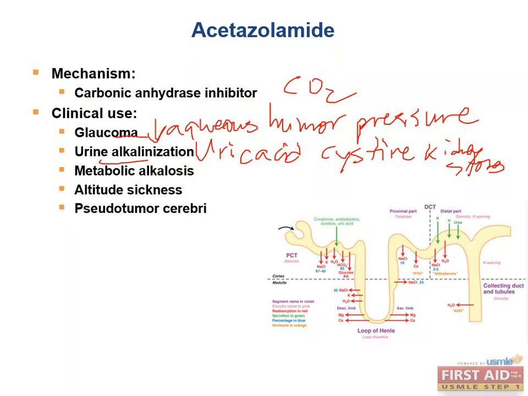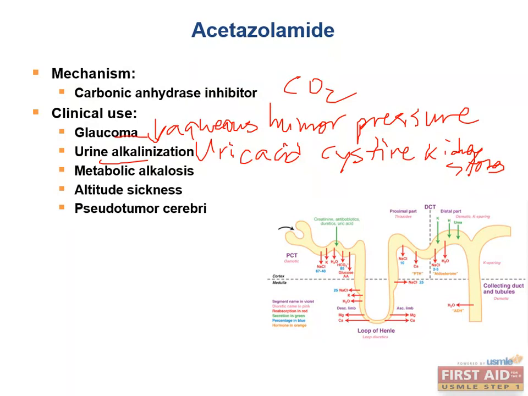It's also used for metabolic alkalosis because it's removing bicarbonate from the body. In altitude sickness, patients will have a respiratory alkalosis, and so excreting bicarbonate can help reduce that alkalosis. And pseudotumor cerebri, which is a condition of increased intracranial pressure, excreting water and bicarb can help reduce that intracranial pressure.